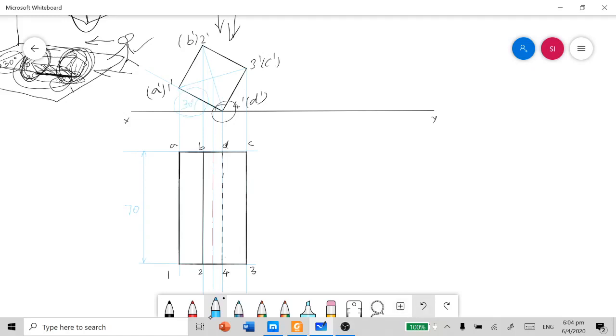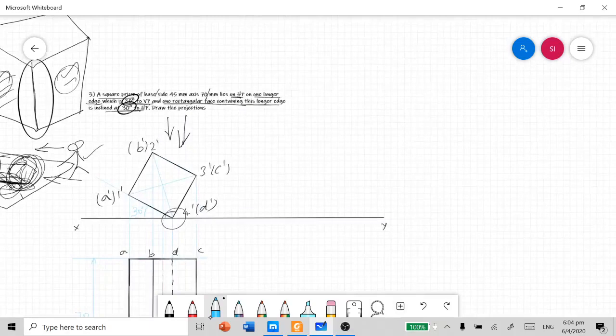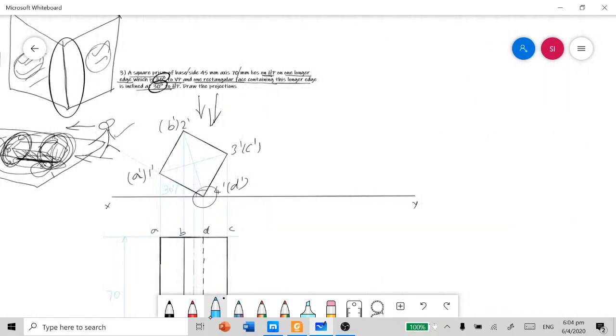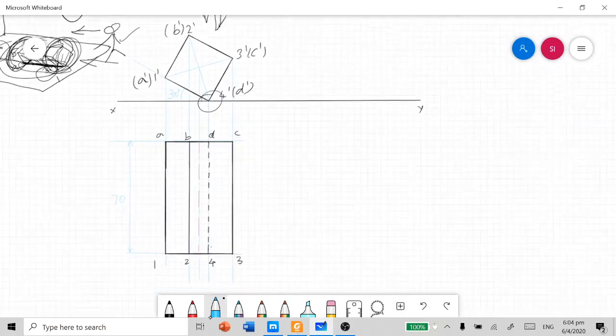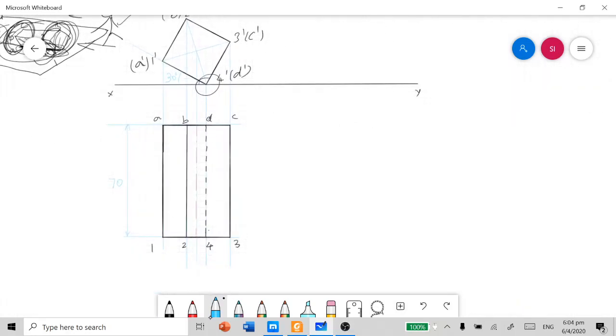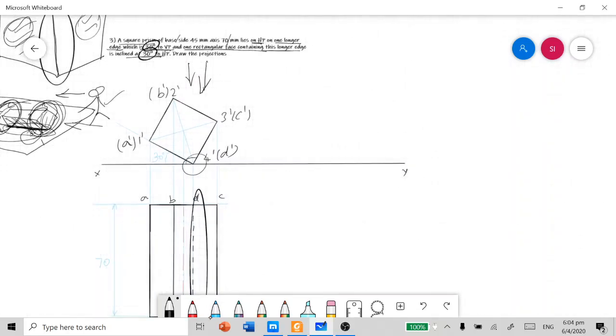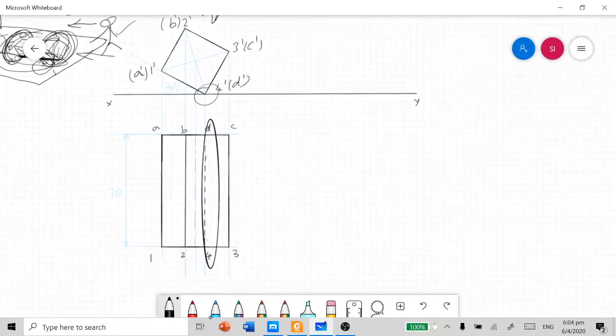And now the one more inclination given is that the resting long edge should make 30 degree inclination to VP. That is, in the lateral view we just drew, the edge 4D is making 90 degrees with the VP. This will make 30 degree inclination to VP in the next lateral view.